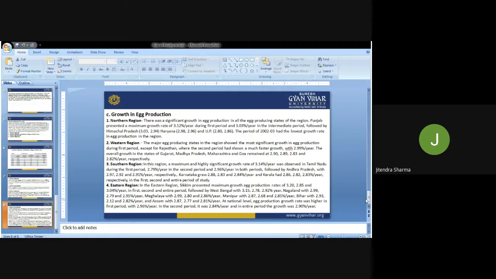Punjab presented a maximum growth rate of 3.12% during the first year, then 3.03% in the intermediate period, followed by Himachal Pradesh at 2.9% and Haryana at 2.98%, and so on. It means 3-4% growth is there. In the period 2002 to 2003, we see only 2-3% growth.